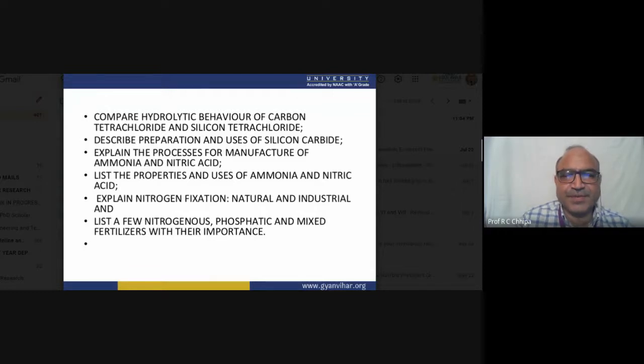The next one is carbide. Silicon carbide is a hard material, combining carbon and silicon. Why? Carbon and silicon are both tetravalent because they are in the same group, so they combine with each other, and the hard material silicon carbide is obtained.